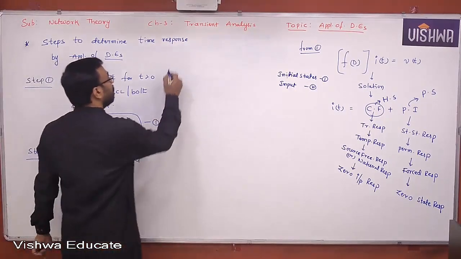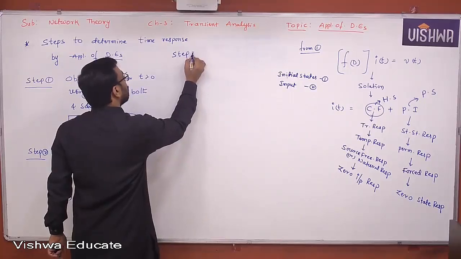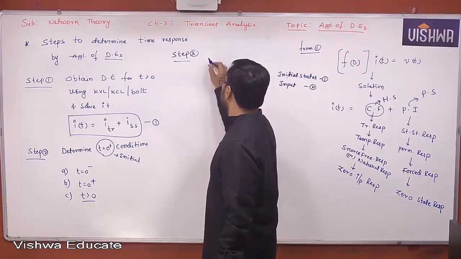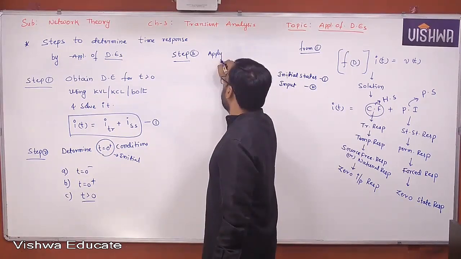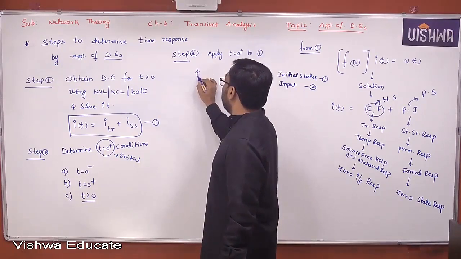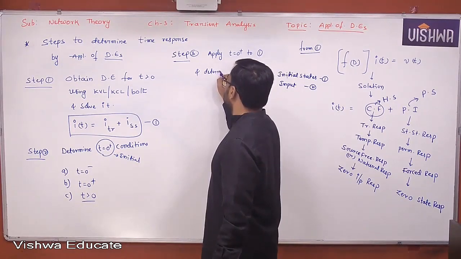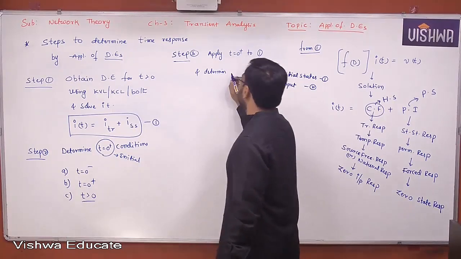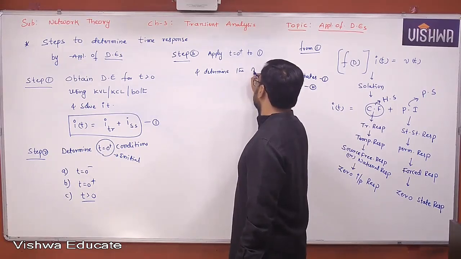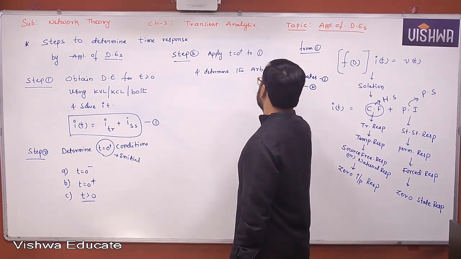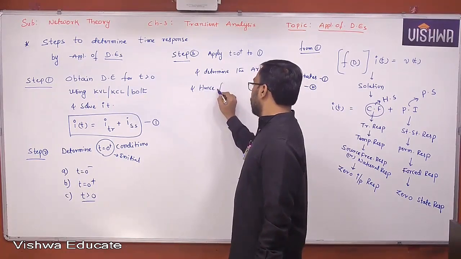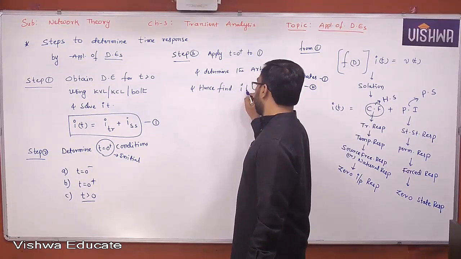Now, step 3. Once you find the initial conditions, you apply them to equation 1. Apply t equal to 0 plus conditions to equation 1 and determine the arbitrary constants, and hence find the solution of I of t.